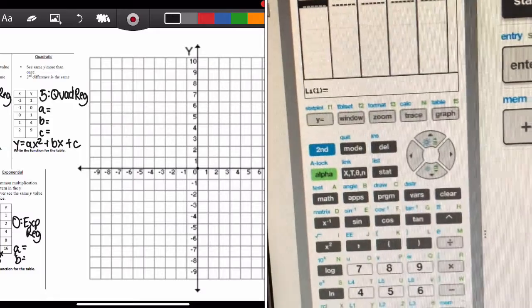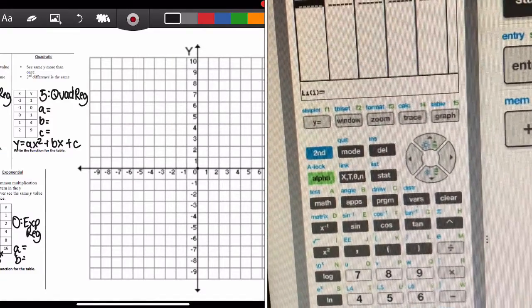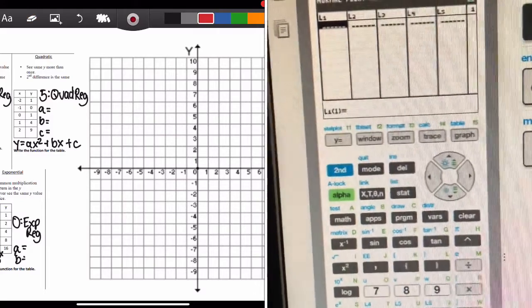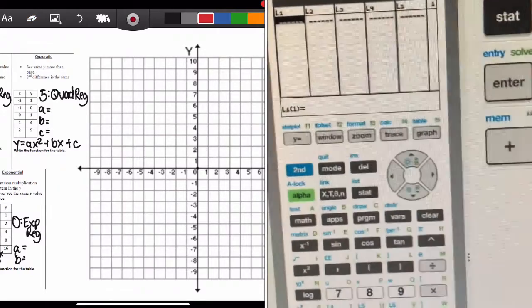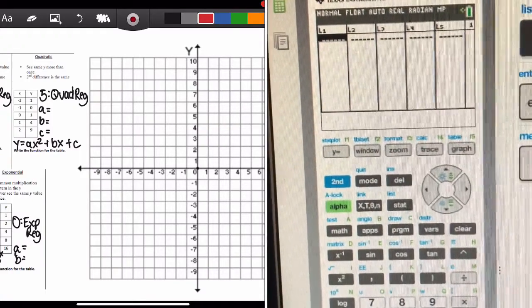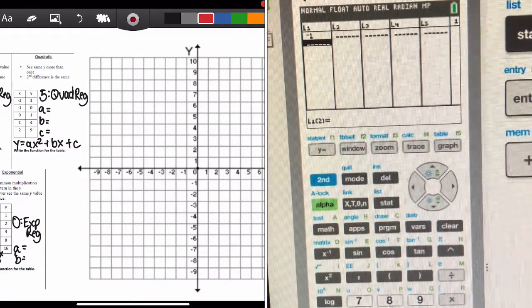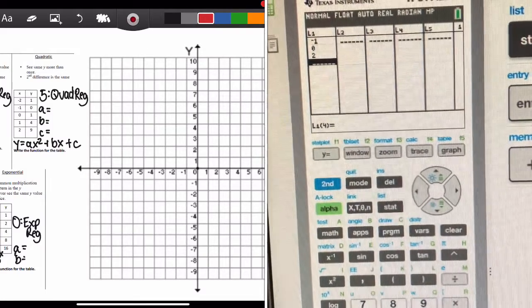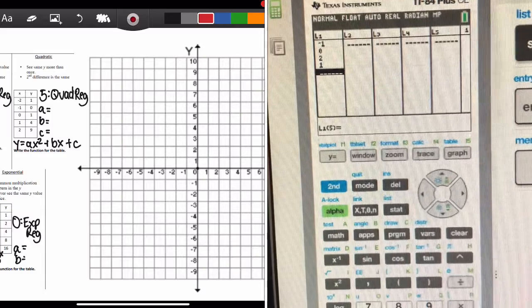I've got to go back and look at my table for linear. We're doing the linear one right now. So I'm going to put in my X values, which are -1, 0, and 2, and 1. I'm sorry, I left out 1. I've got to make sure we match these numbers up.